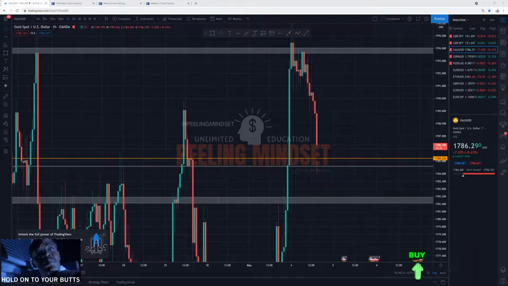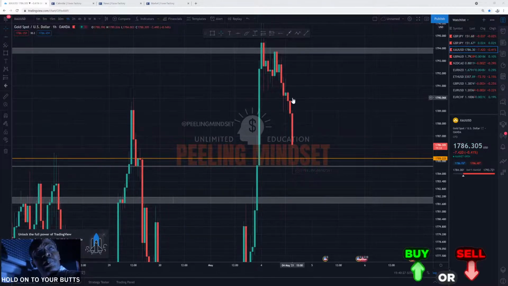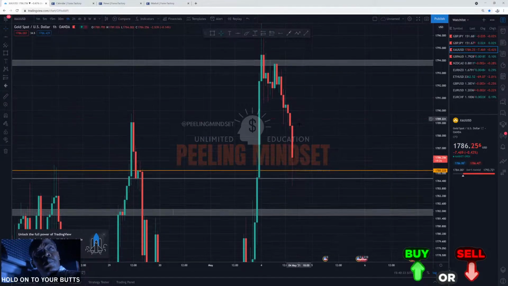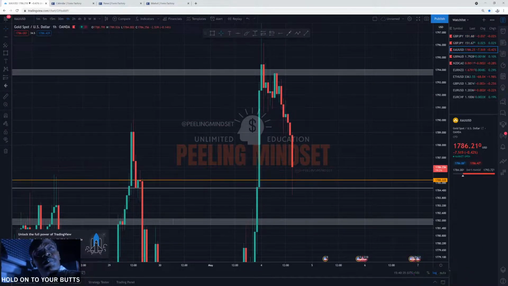What the price is doing right now is fine. If it's going to retrace even deeper, and this 4 hour rejection is a valid rejection, because obviously you can see looking at the 1 hour too, it gives us a way to see what the 4 hour gray rejection area was.